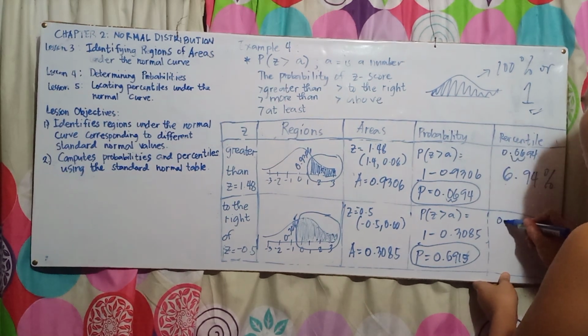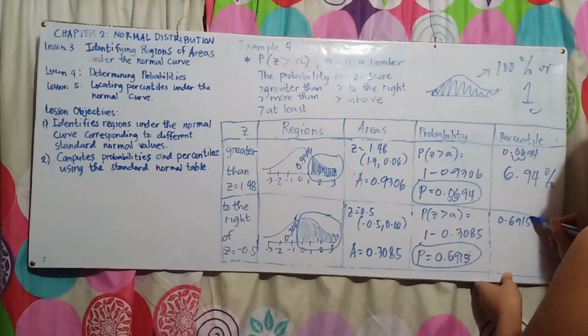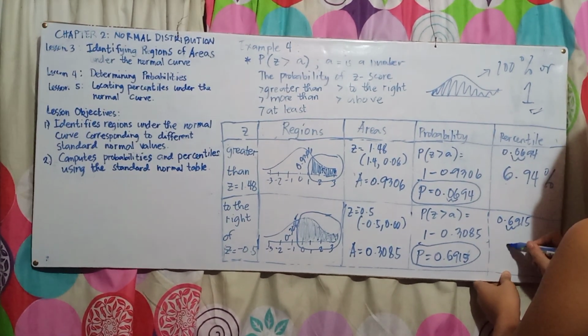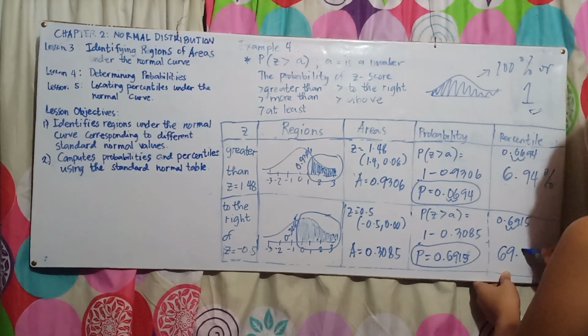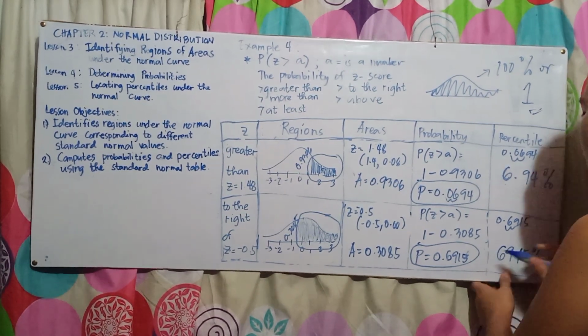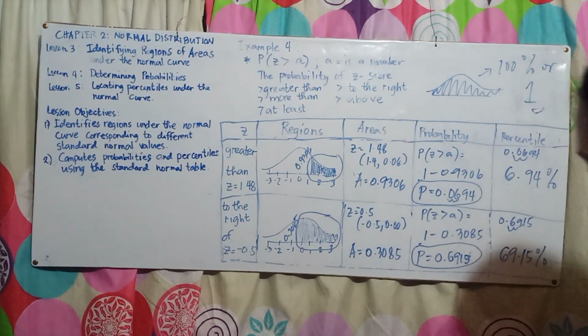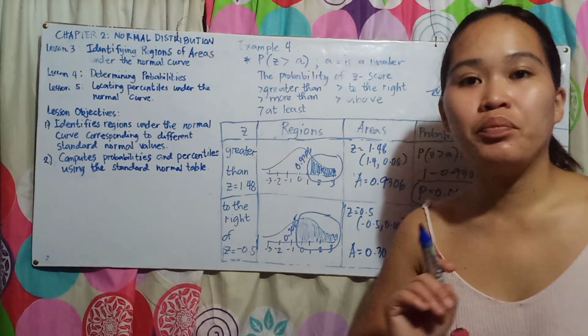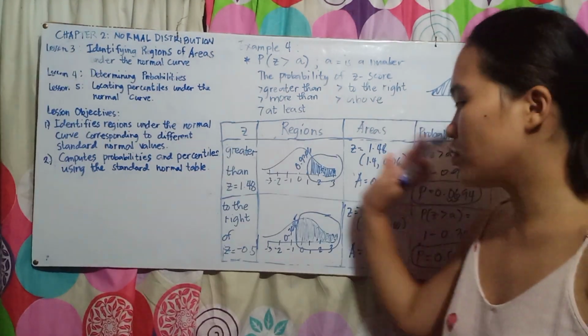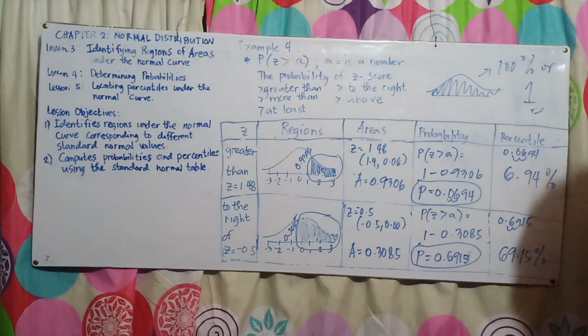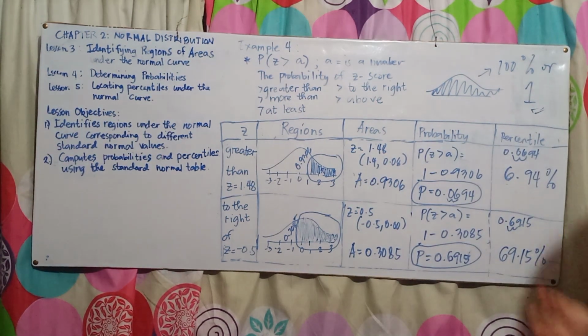Kani, 0.6915, i-move to decimal places, magiging 69.15%. So, kaning naka-shaded portion is 69.15% out of 100%. Okay, next, example 5.